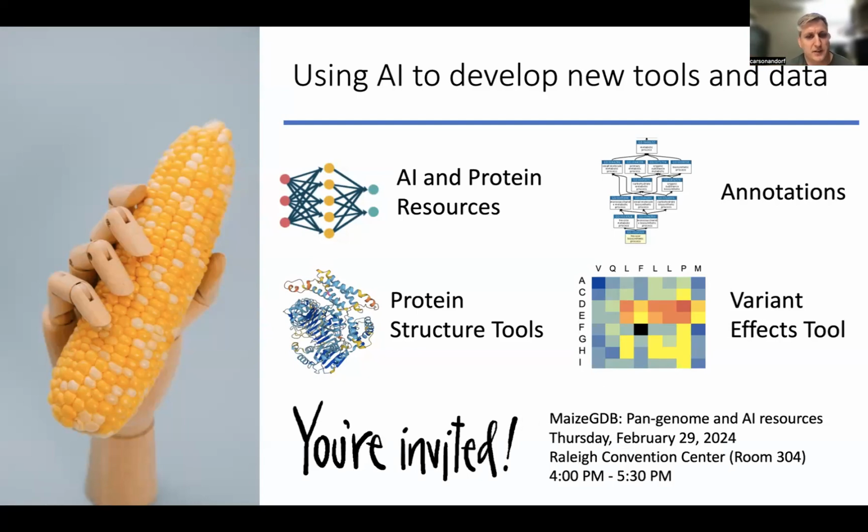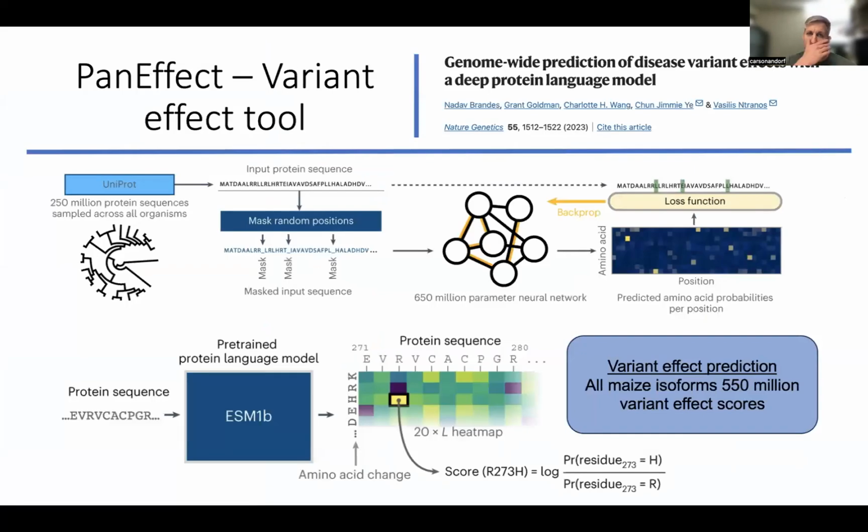So it's 2 weeks from tomorrow. We'll be giving a pre-meeting workshop at the Maize Genetics meeting. So I'm going to talk about a tool we developed called PanEffect, which predicts the functional consequences of missense mutations and lets you explore those with an online tool.